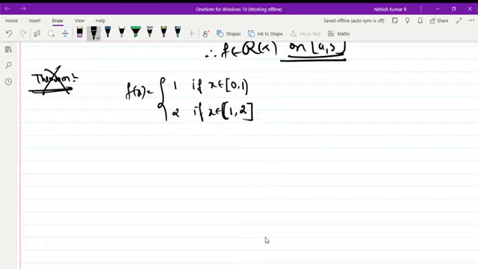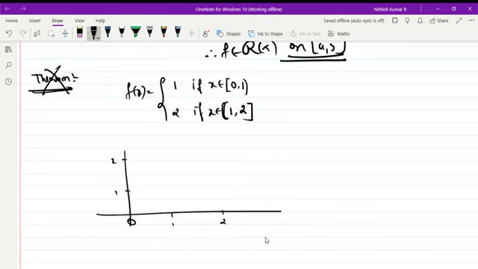That is, f is defined on the closed interval 0 to 2. Say it is 0, this is 1 and this is 2. The function takes the value 1 between 0 and 1, at 1 it is not taking any value, and after 1 it takes the value 2.